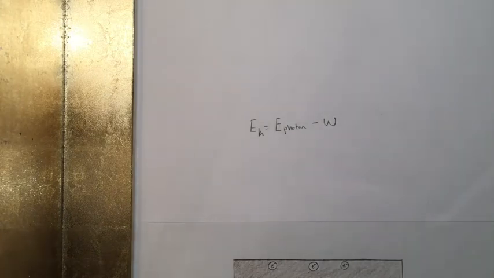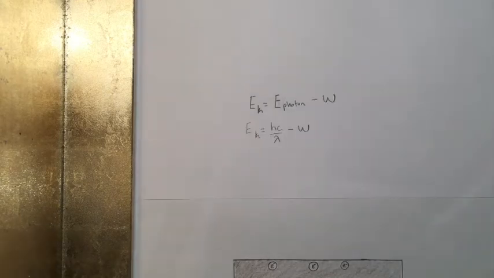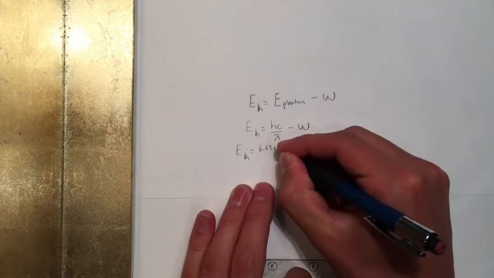But now if we consider the blue light from the example before, how do we find how much kinetic energy that electron had? Using the wavelength formula for the energy of the photon, we get this equation to find the kinetic energy of the electron for blue light.